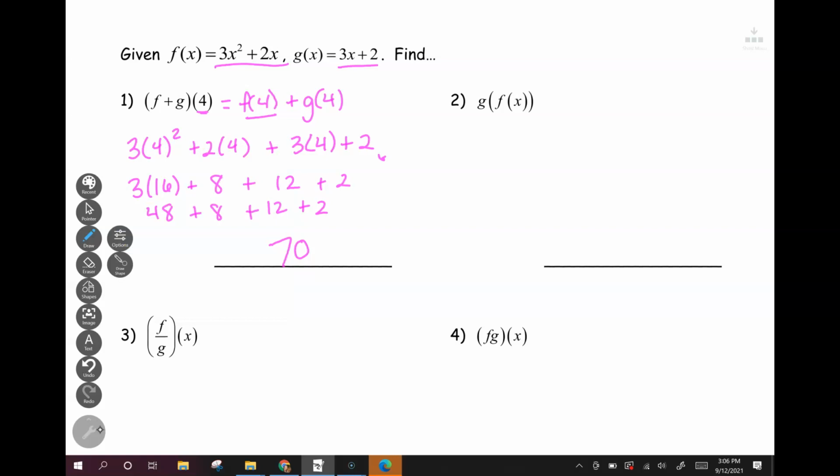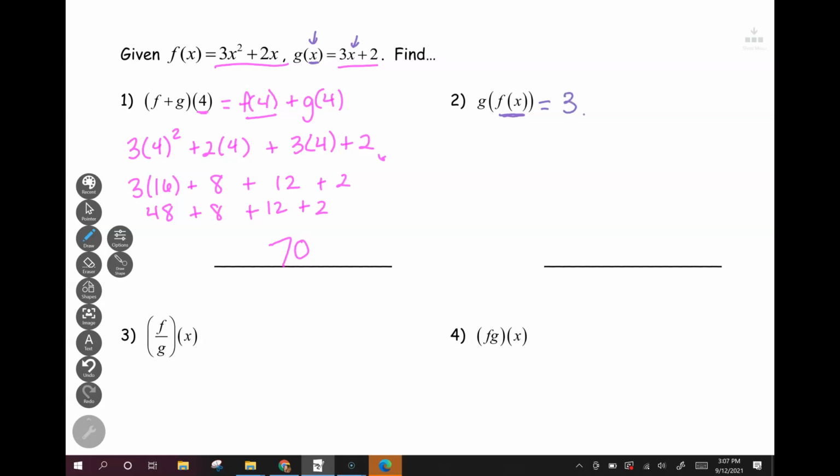Number 2. We're doing g of f of x, which remember these parentheses are just telling you to plug something in. And so they've replaced the x that you normally see right here with f of x. So you're going to replace the x's in this function with f of x.